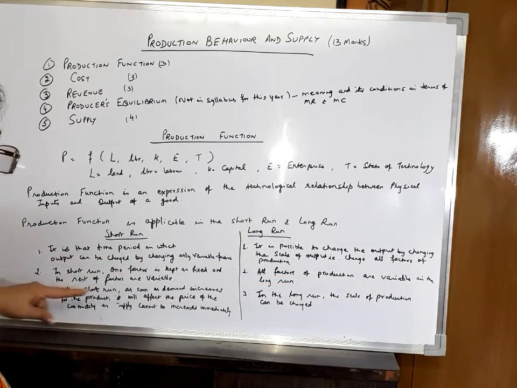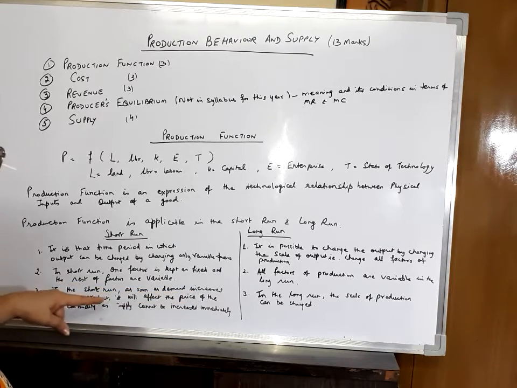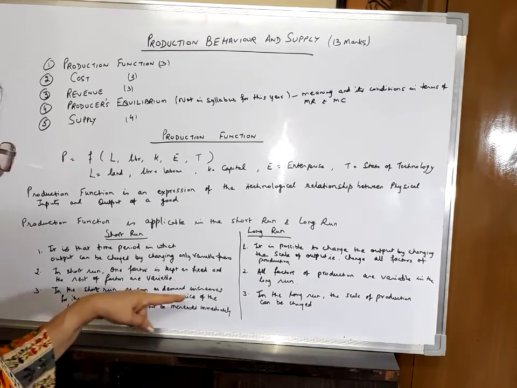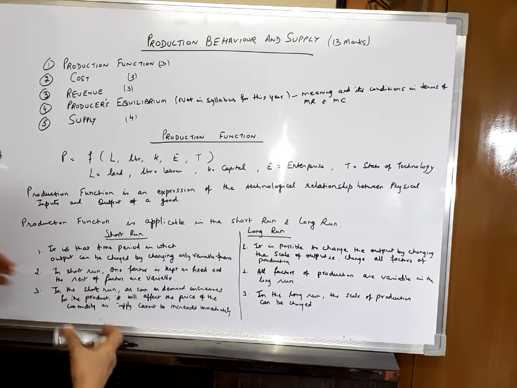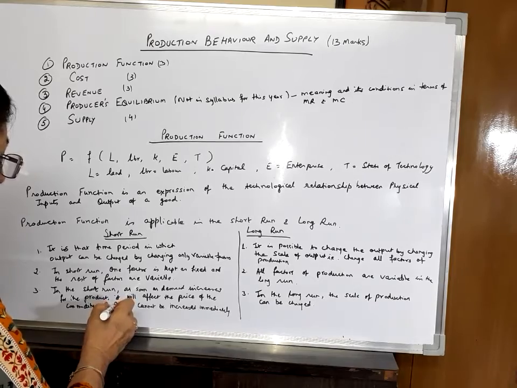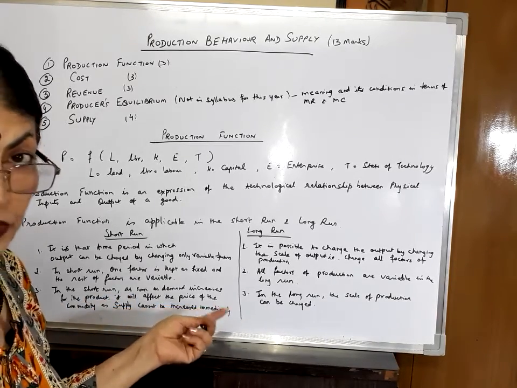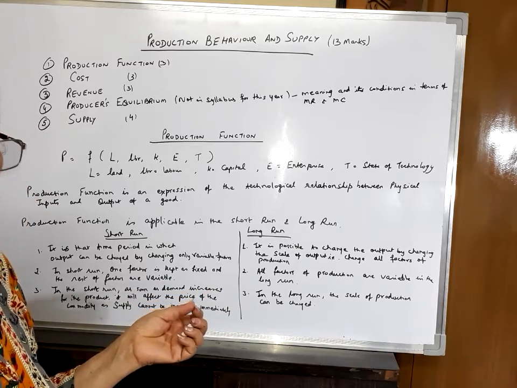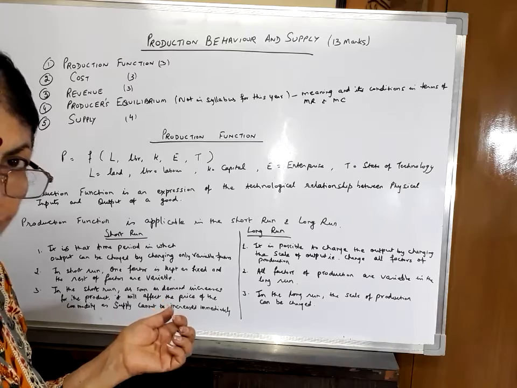Third point, in the short run, as soon as demand increases for the product, it will affect the price of the commodity, as supply cannot be increased immediately. In the short run, you cannot increase your output immediately. You will increase it over a period of time.